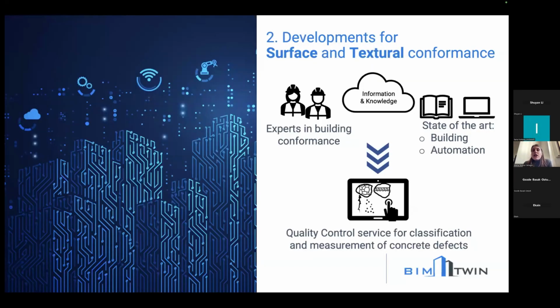So for the start of our developments, we collected information and knowledge from experts in building conformance and from the state of the art, starting on building topic and automation topic, to obtain a quality control service for classification and measurement of concrete defects.